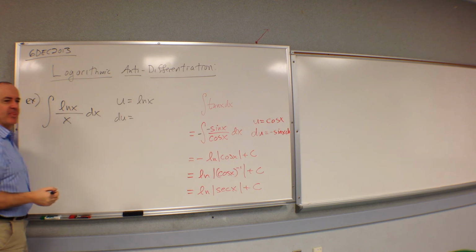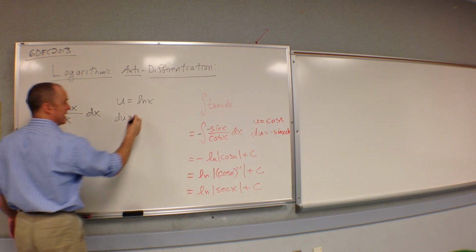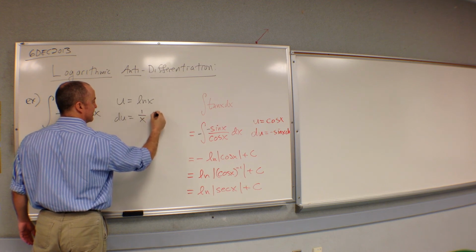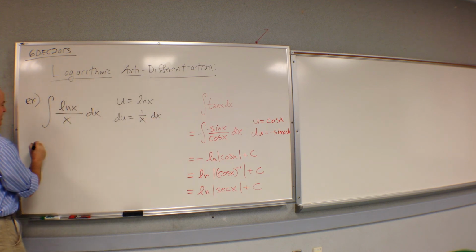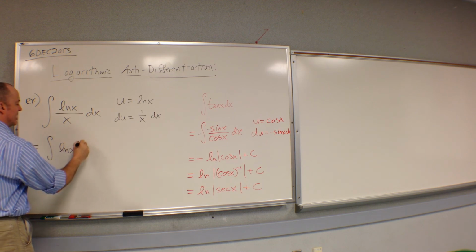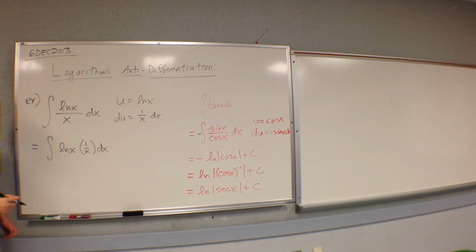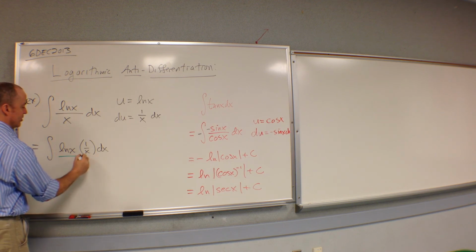What's du going to be? x to the negative 1, let's say 1 over x dx. Now, can I rewrite this as the integral of natural log of x times 1 over x dx? Am I allowed to do that? Boom.